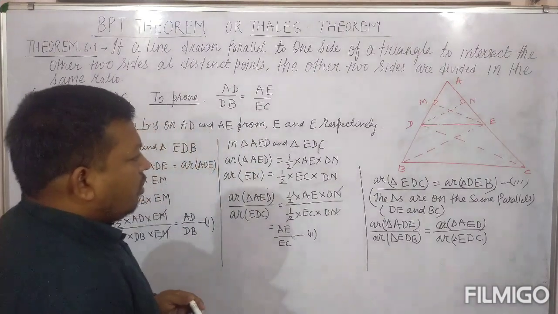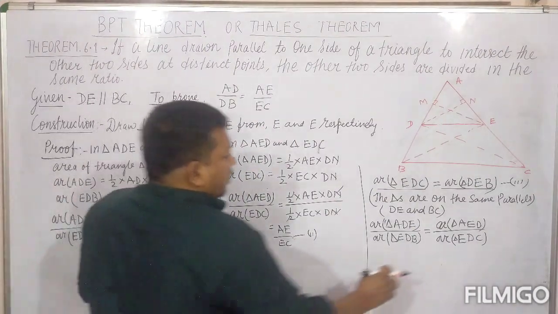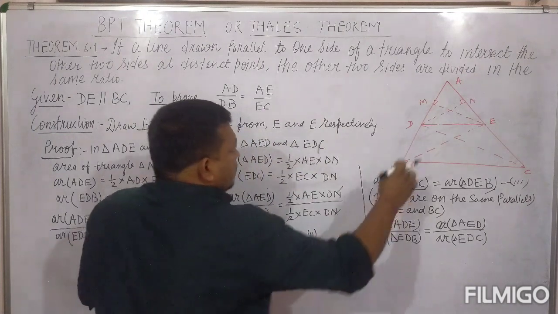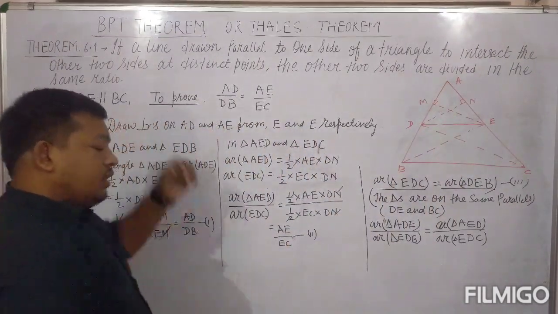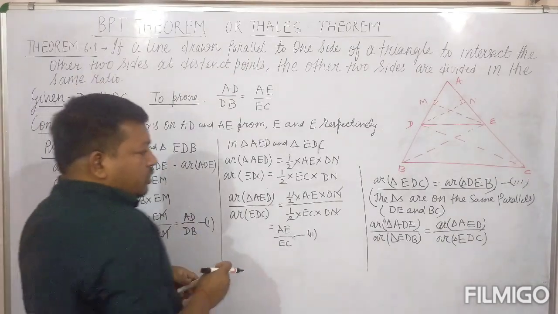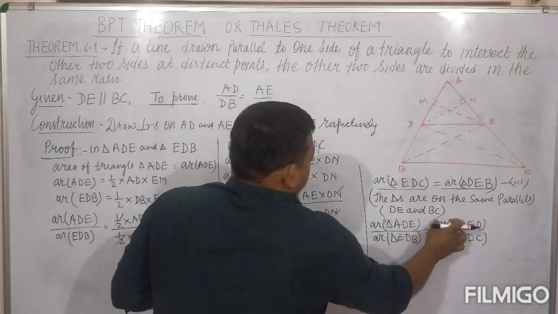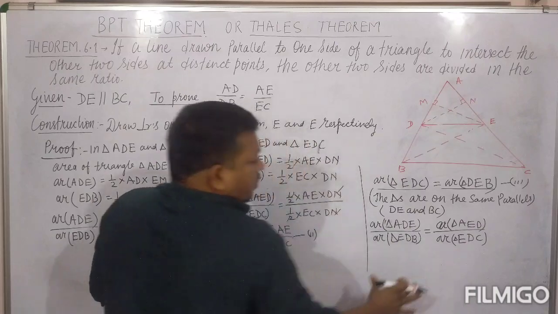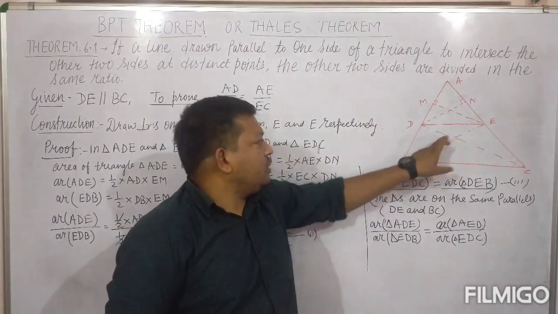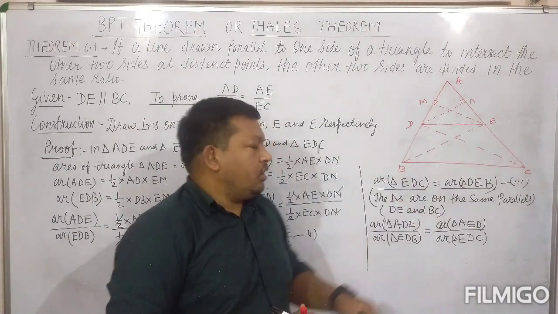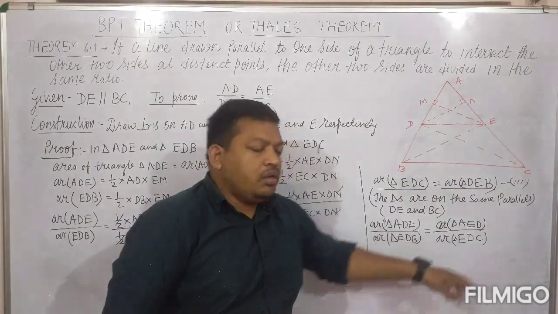Since ADE and AED are the names of the same triangle, the numerators are equal, and the denominators are equal because these two triangles are on the same parallels, so their areas are equal.